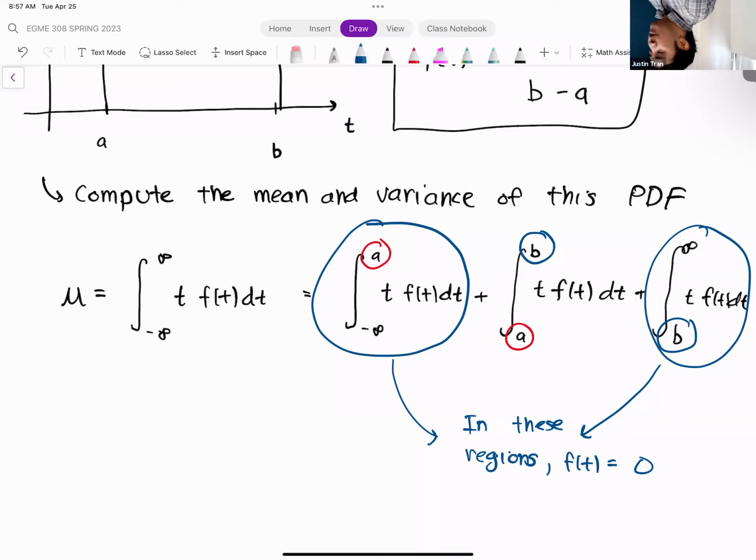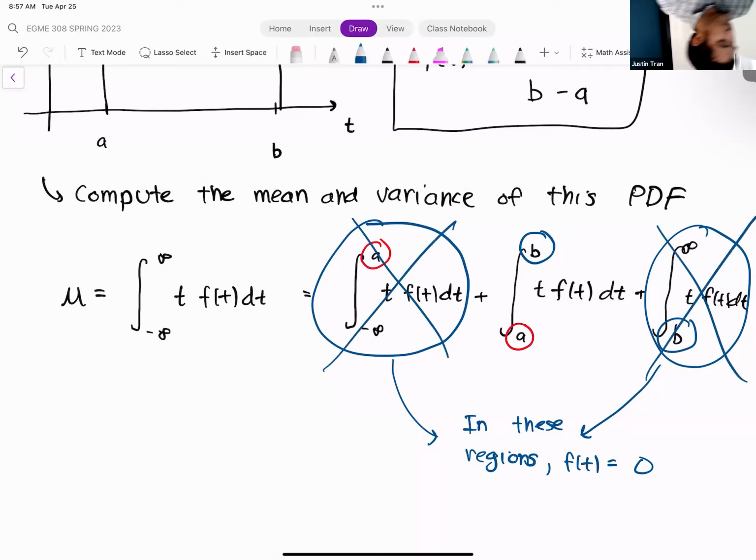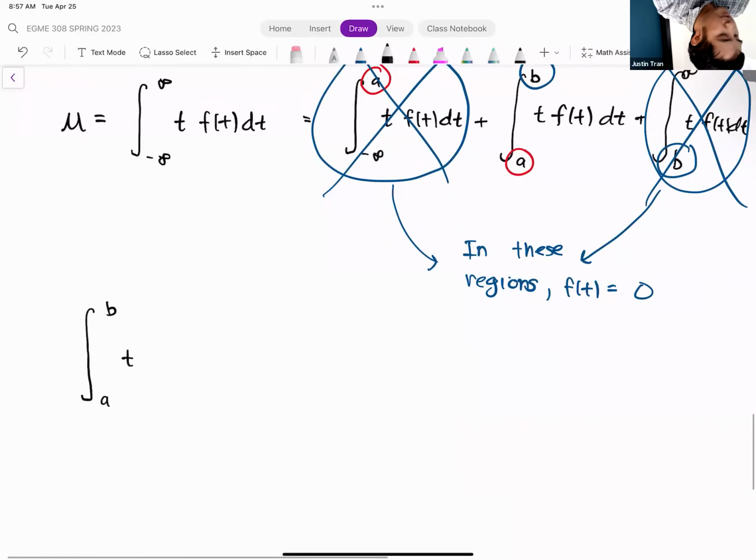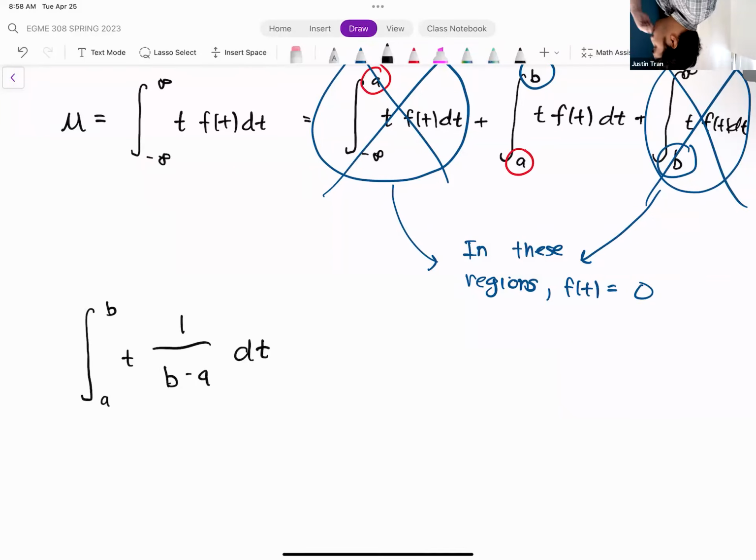And so if our f of t is 0, then we're basically just integrating 0, so we can just cross these out. All we're left with is just an integral from A to B of t times f of t. Well, we know the value for f of t: f of t is 1 over b minus a.